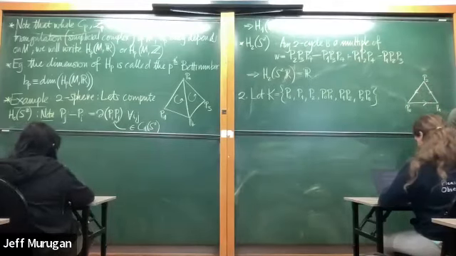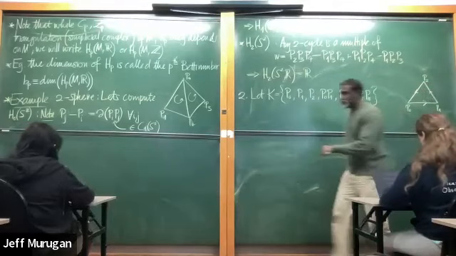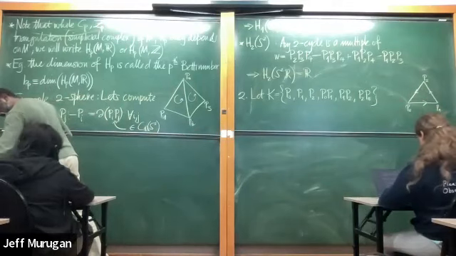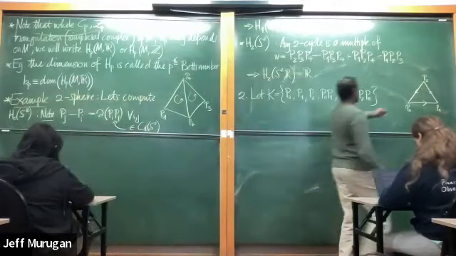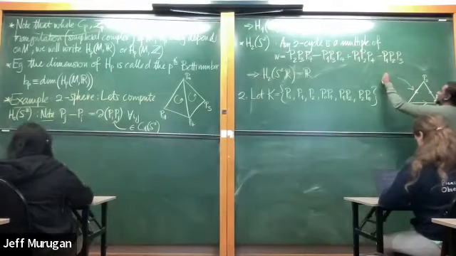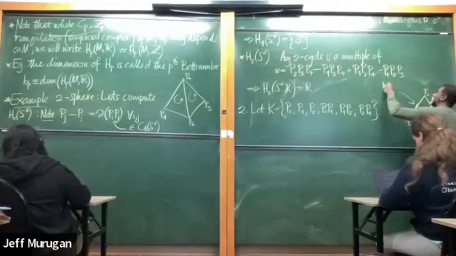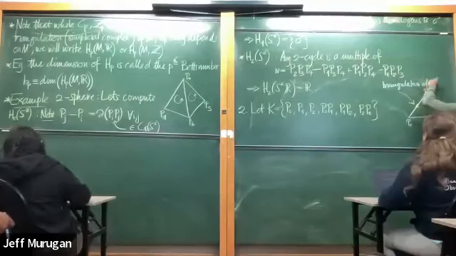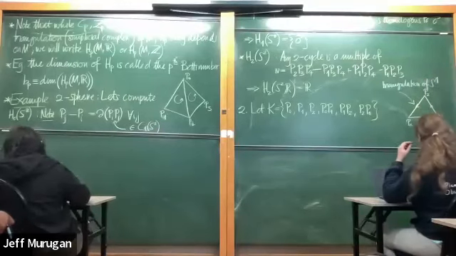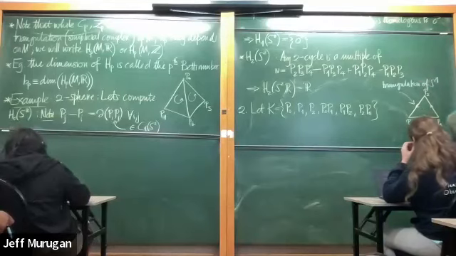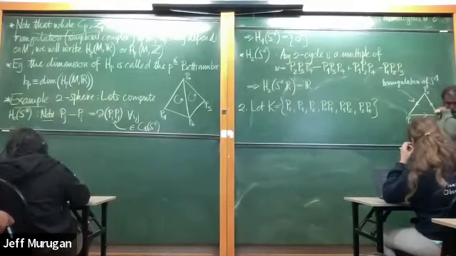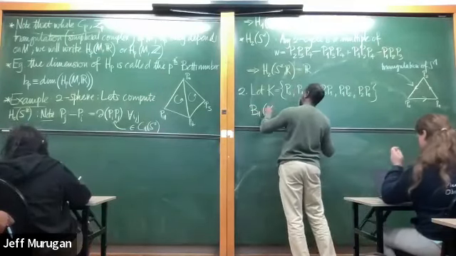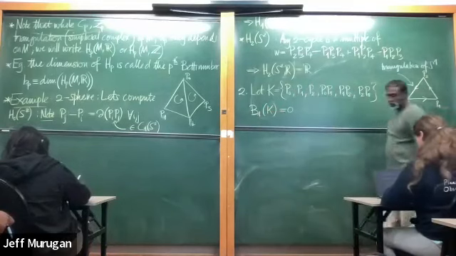So there are no two simplexes in this complex, which means that B1 of K is 0.